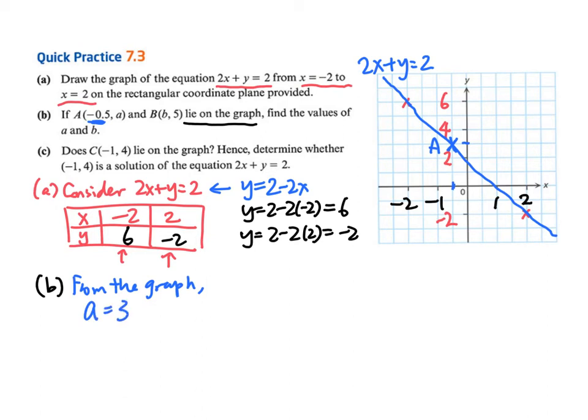And then for B, you find that the y-coordinate is 5, which would be somewhere here. If you look at the graph, you will know that it should be here. So this one is negative 1.5, so B would be equal to negative 1.5.